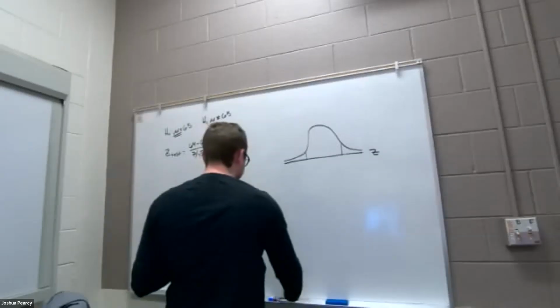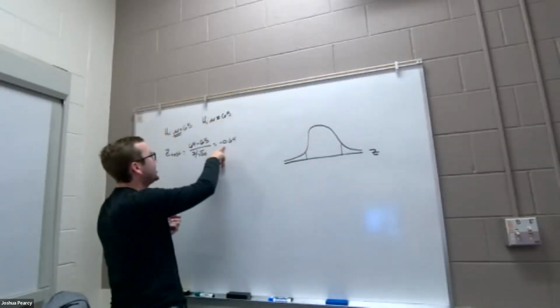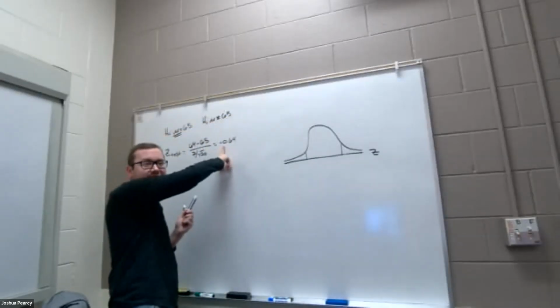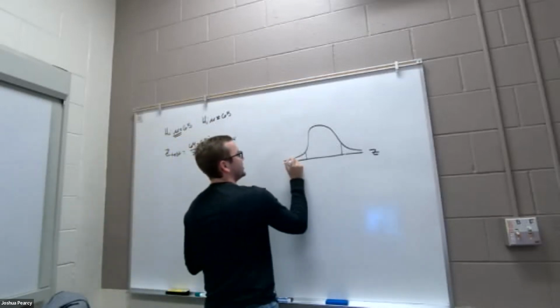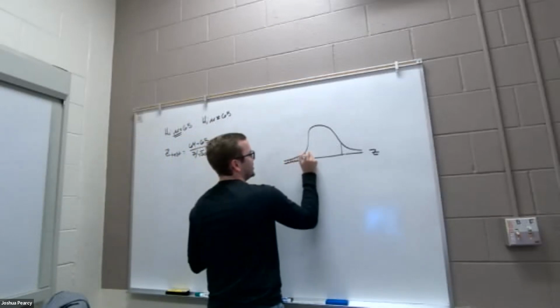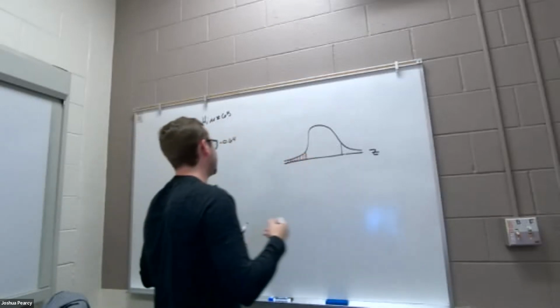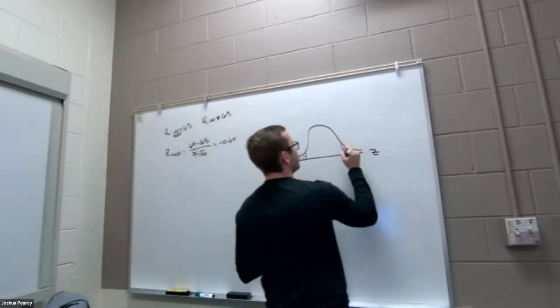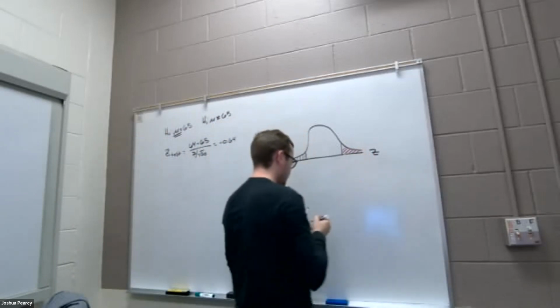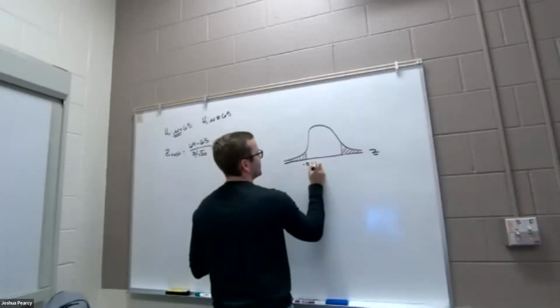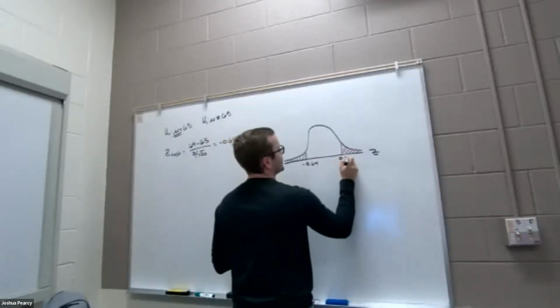The way to think of this is you're going to look at the area to the left of the negative test statistic. So you look at this area here. And then you look at the area to the right of the positive z-test statistic. So in this case, it's negative 0.64 and 0.64.